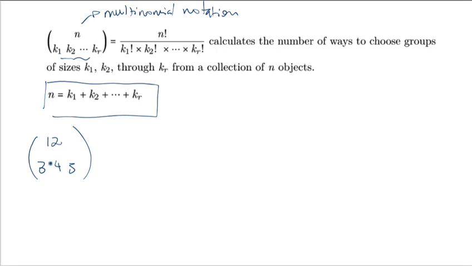Because first you divide in 3, then in 4. Obviously you're left with compulsory 5 people. And the order doesn't matter, right? Because these are groupings. So it doesn't matter the order. If you choose 5, 3, and 4, this is actually the same.